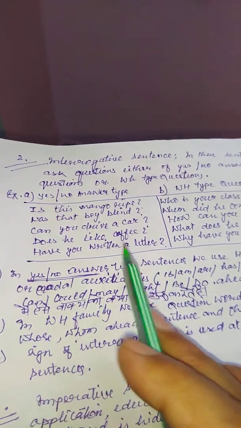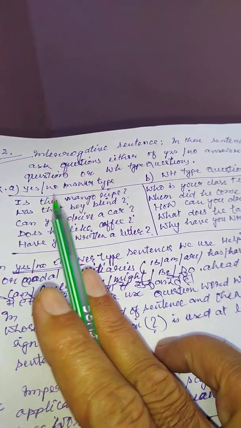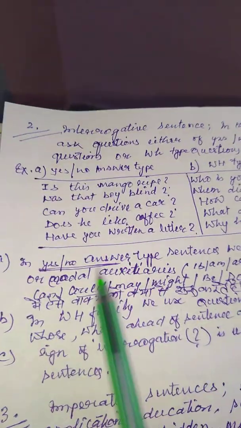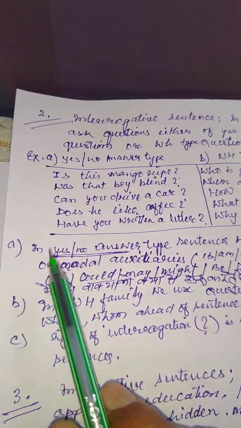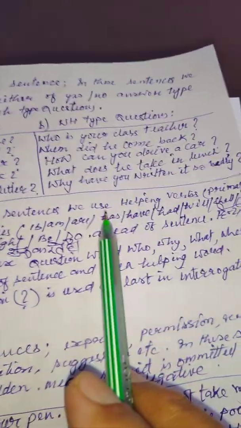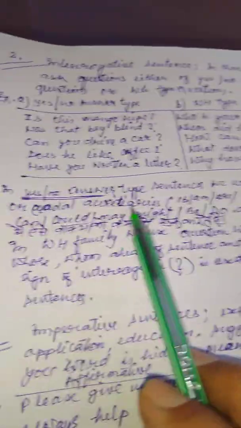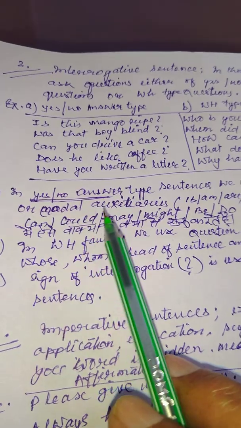Let us see now what is the difference between yes, no answer type or WH type questions. We see here in yes, no answer type sentences, we use helping verbs or primary modal auxiliaries.